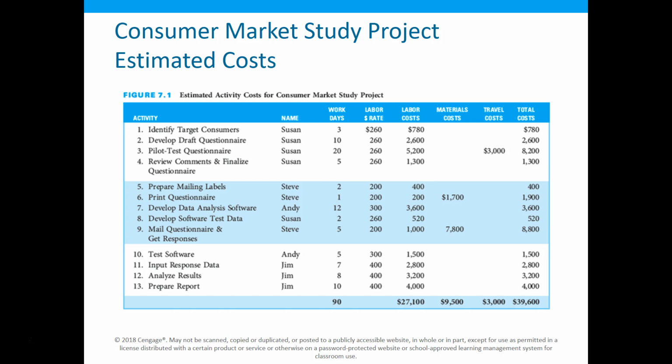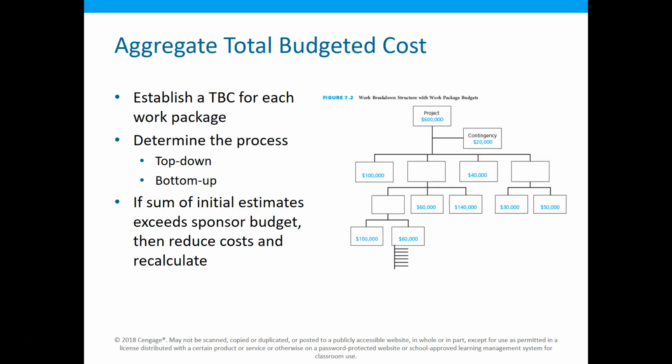I might be guessing at what postage is going to be. So most of our costs in a lot of cases are labor. There is a little bit of travel cost in there. But here we have a budget. We say, man, we think this whole thing, $39,000. And we're going to get this done.